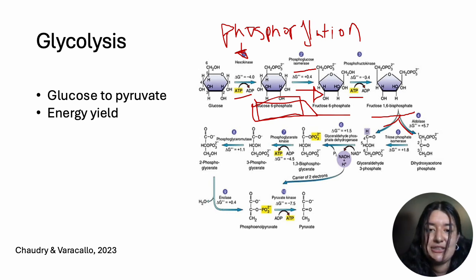The sixth step is oxidation and phosphorylation, where each G3P molecule undergoes oxidation and is then phosphorylated to form 1,3-biphosphoglycerate, 1,3-BPG, resulting in 2 NADH. So now we have 2 NADH.